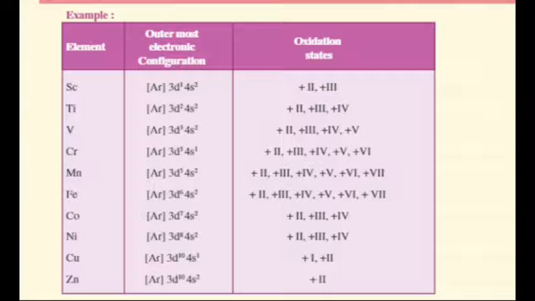Manganese +2, +3, +4, +5, +6, +7. Iron +2, +3, +4, +5, +6, +7. Cobalt +2, +3, +4. Nickel +2, +3, +4. Copper +1, +2. Zinc +2.